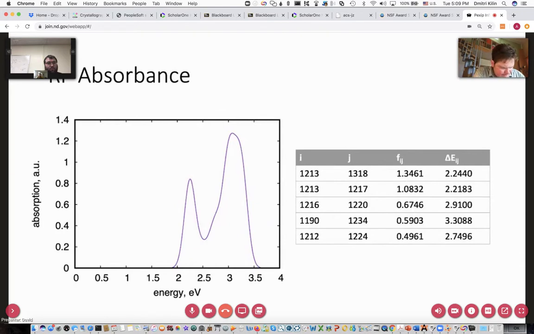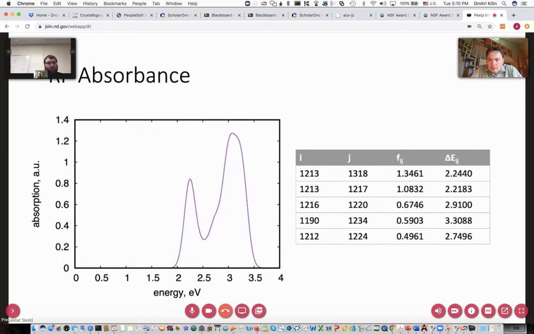So we see similar effects for all the Dion-Jacobson models greater than n equals 1, where they have several peaks and then the lowest peak corresponding to a degenerate HOMO to LUMO transition, whether it's specifically HOMO or LUMO or one of its degeneracies.